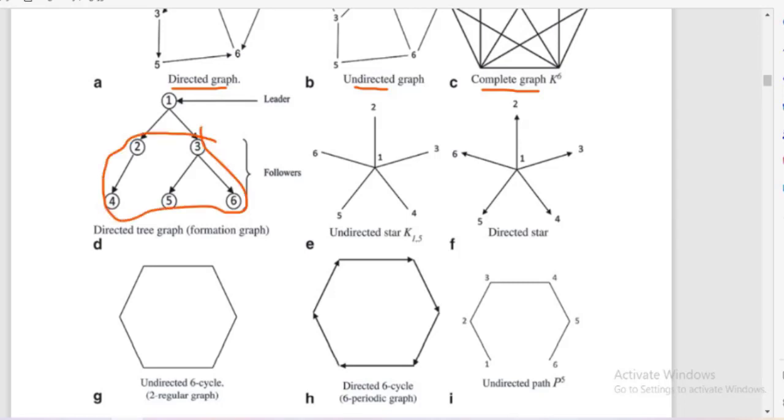These nodes are followers, and 1 is the leader. We call this a directed star. This is like a star. One is the leader and the others are followers. This is an undirected star. One is the leader and the others are followers.